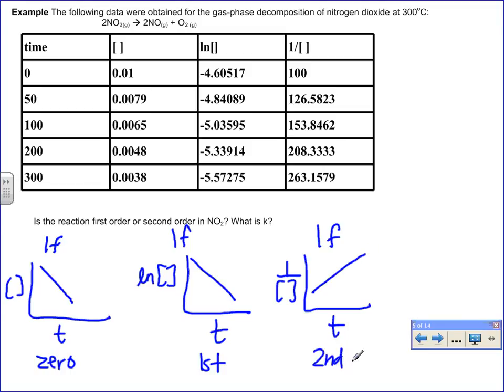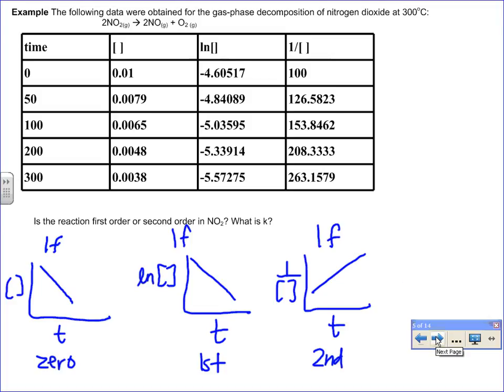So we need to manage this data. So in Excel, what I did was I took the concentration data and I took the ln of each value. So the ln of 0.01 is negative 4.6, okay, and so on and so forth. I also, in Excel, did 1 over concentration because it's easiest for me to just test both of these, ln and 1 over concentration versus time, and then I can make my decision.